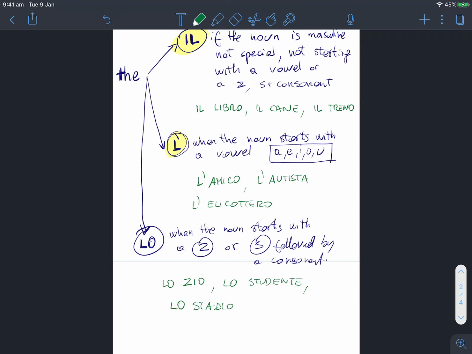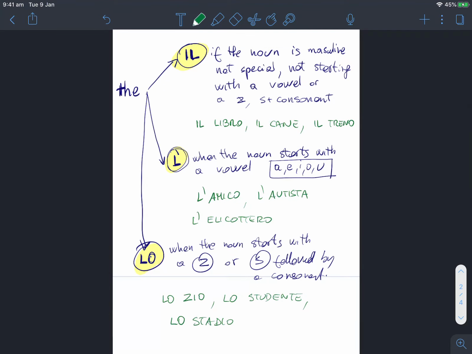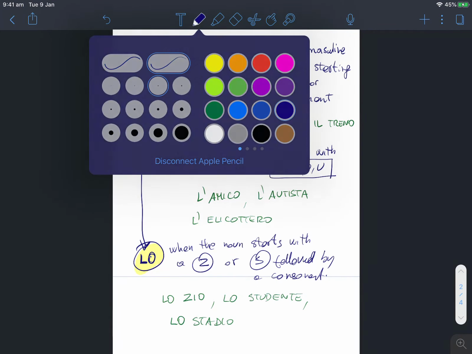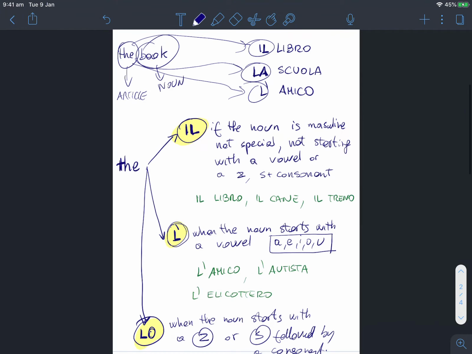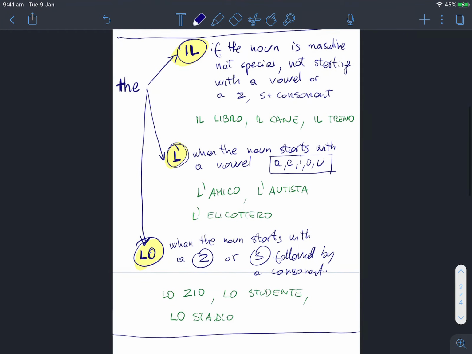So these are the three options, and be careful, guys, because these options here are masculine. So all of these, il, l', lo, work out. I'm going to actually get rid of these lines to make it neater.